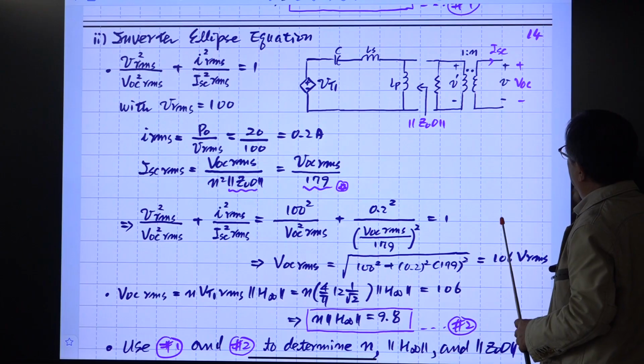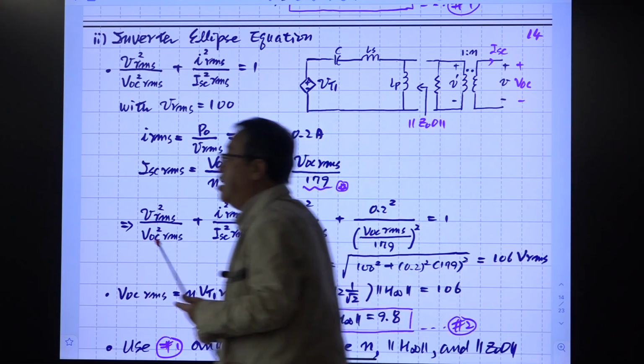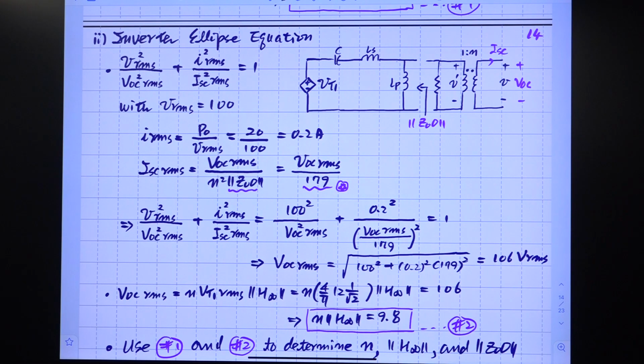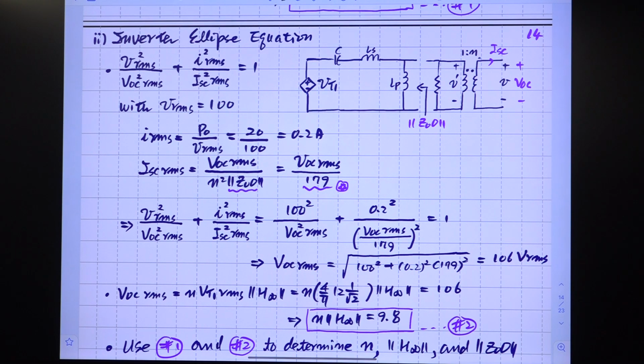Now they are defined on the secondary side of the transformer. So this is the V, and this is the ISC. Okay, one is the IV at the operating point, and the other one is short circuit, open circuit, right?